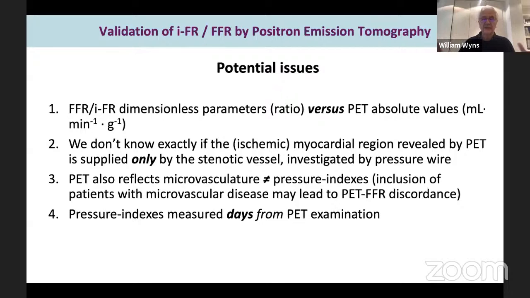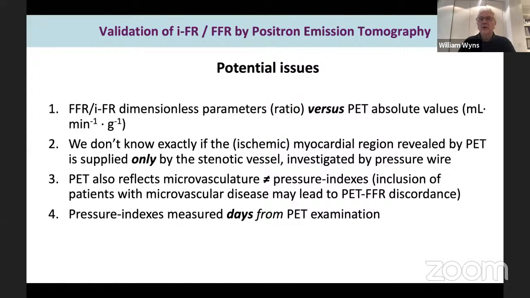First of all, we're looking at two variables with totally different dimensions. FFR is a ratio of pressures, no dimension, and PET gives you absolute flow in mLs per minute per gram of tissue. The FFR is measured in an artery, and we don't know exactly what the distribution volume of that artery is on the PET images, which is the part of the image that is actually served by that stenotic vessel.